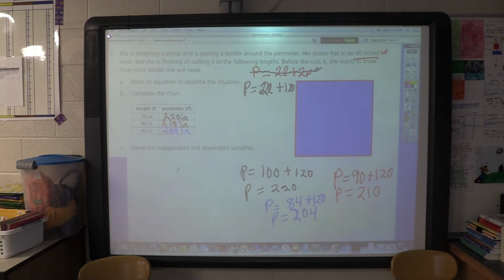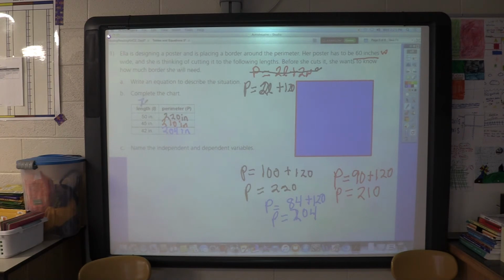Now, I have to identify my independent and my dependent variables. I know that my add-ins, like here's 100 and there's 120, those add-ins are independent variables. They're going to determine the perimeter. The perimeter is completely dependent on what the length and width are for its value. So, my independent variable is going to be the length.